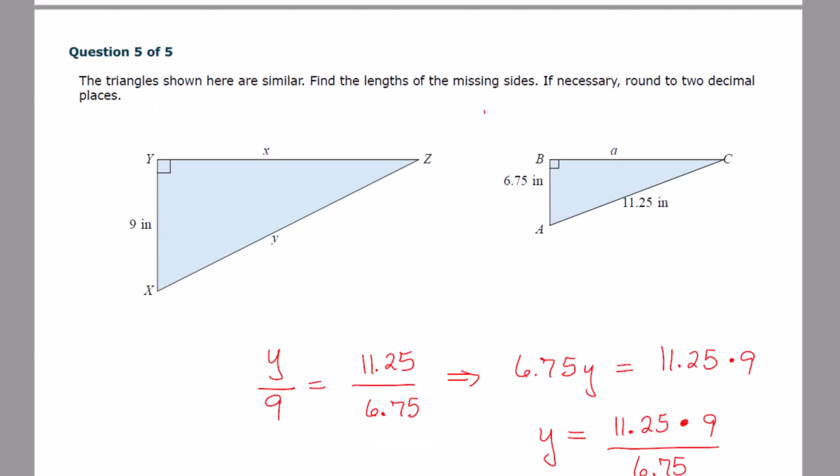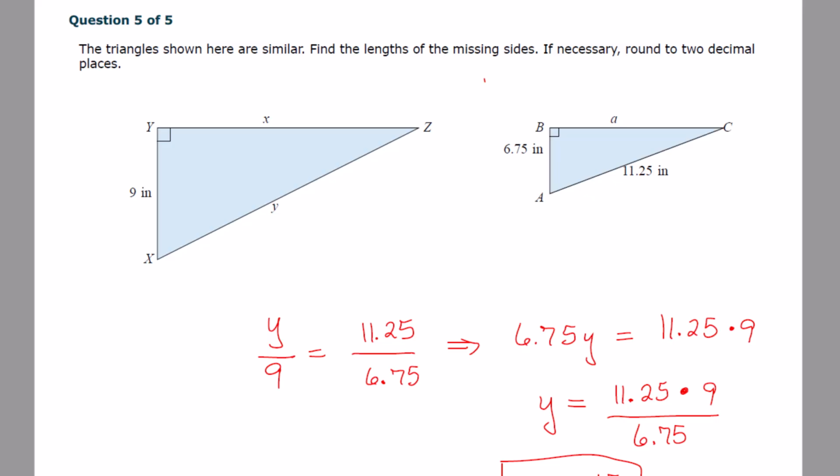Question 5, we are looking at similar triangles. As soon as you see the word similar, you know that their sides are proportional to each other. All right, so what do they want me to do? They want me to find missing pieces. Let's see, I've got a 9 there. Don't know that, don't know that.